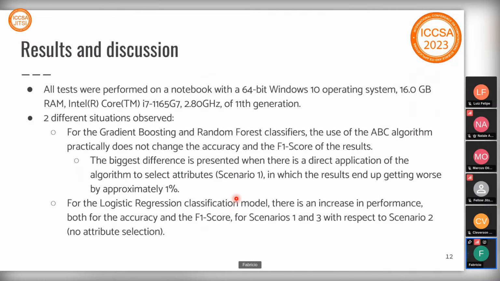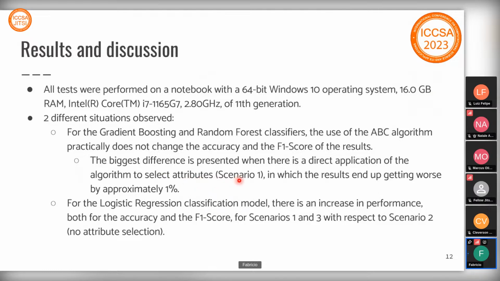Two different situations were observed for the gradient boosting and random forest classifiers. Using the ABC algorithm doesn't change the accuracy and the F1 score of the results. The biggest difference was seen with direct application of the algorithm to select the attributes.